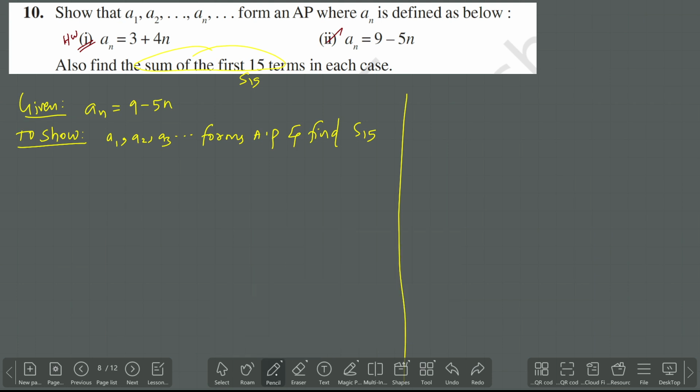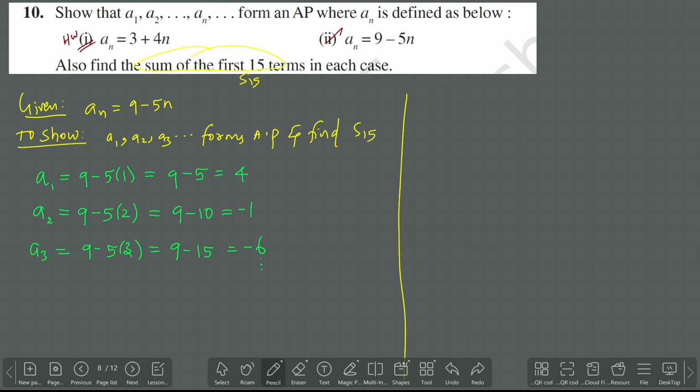Now, A1 in the sense, what does it mean? 9 minus 5 into 1, which is equal to 9 minus 5 equal to 4. A2 you find. 9 minus 5 into 2, 9 minus 10, which is equal to minus 1. Then A3 equal to 9 minus 5 into 3, that is 9 minus 15, which is equal to minus 6.